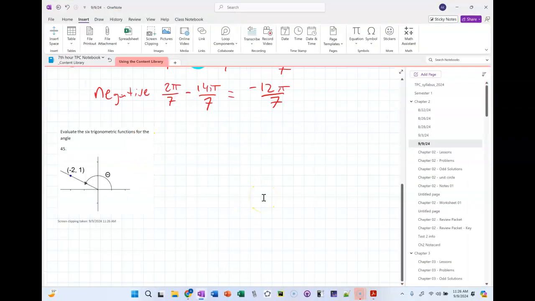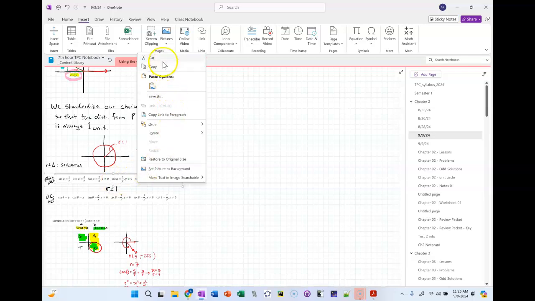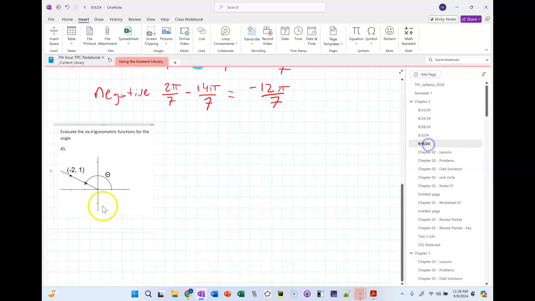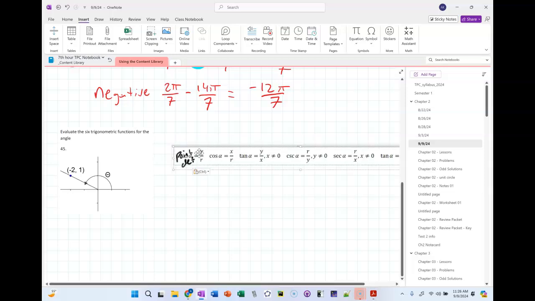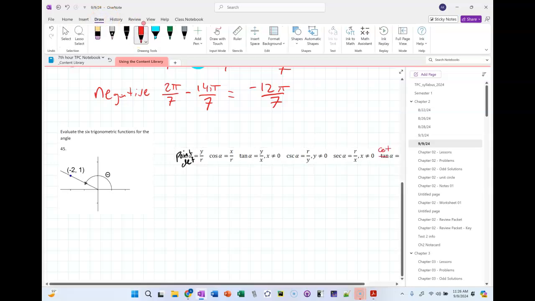So it says to evaluate the trigonometric functions for the angle. I notice here that what I'm given is a point on the terminal side of my angle. So I'm going to be using that definition, or this set of definitions. This is the point definition, except it's supposed to be cotangent.